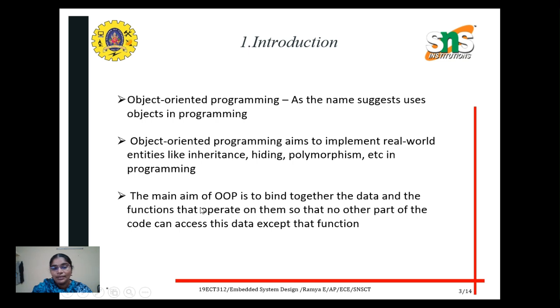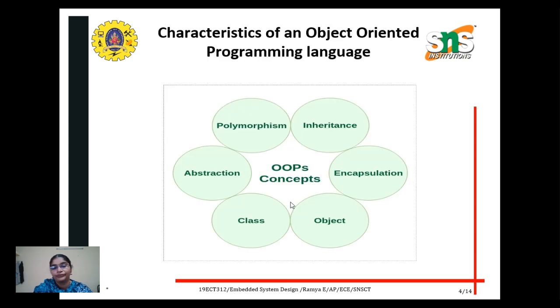The main aim of OOP, that is object oriented programming, is to bind together the data and the functions that operate on them so that no other part of the code can access this data except the function. So, what are the characteristics of object oriented programming?